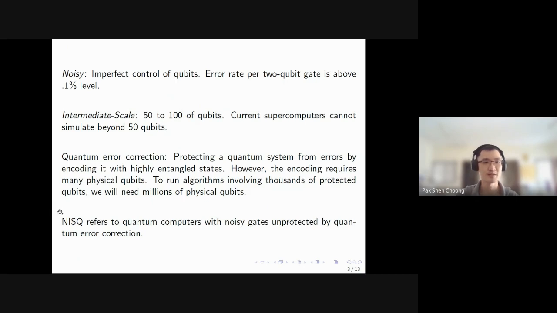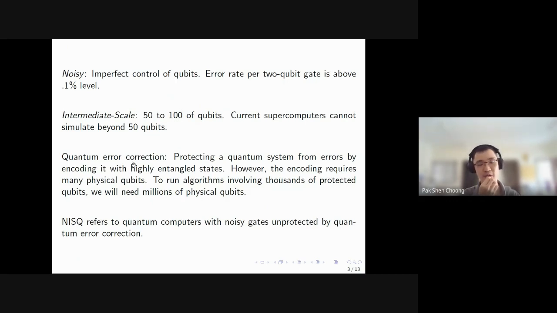So then, in his opinion, NISQ refers to quantum computers with some very noisy gates, and they are not protected by quantum error corrections. So why does he think that NISQ does not have quantum error correction? Because if you want to protect a qubit, basically you will need a lot of physical qubits just to encode that single qubit.